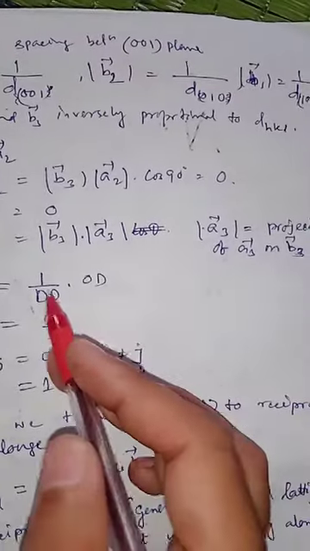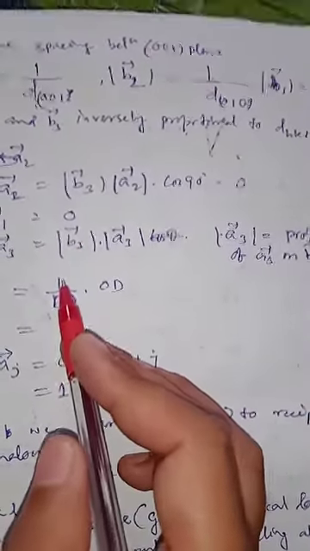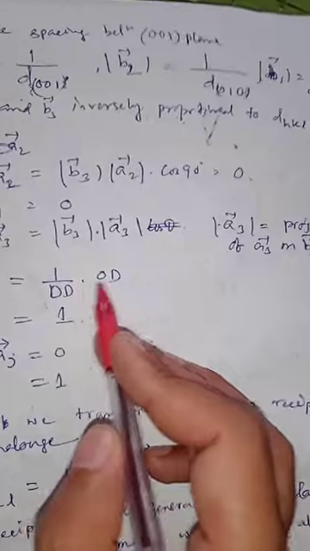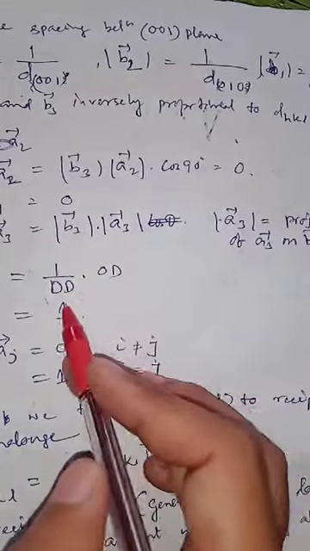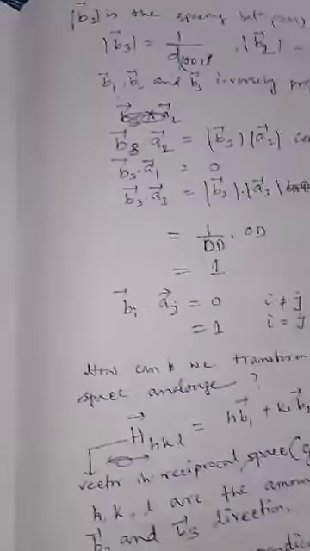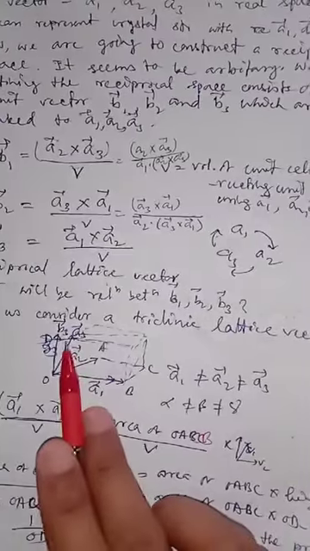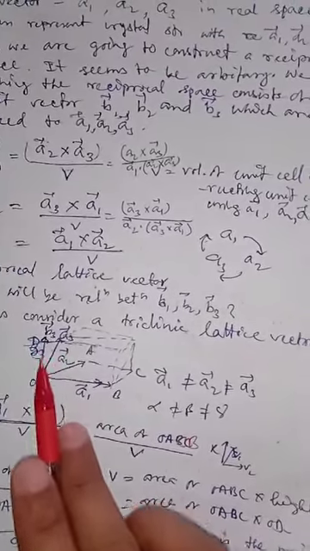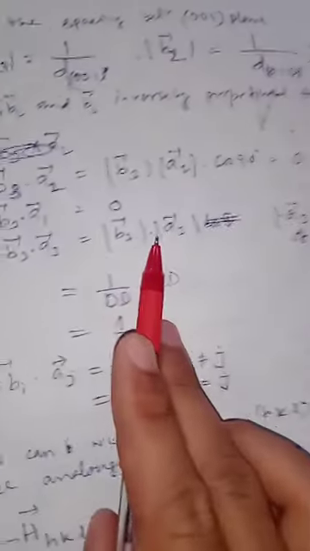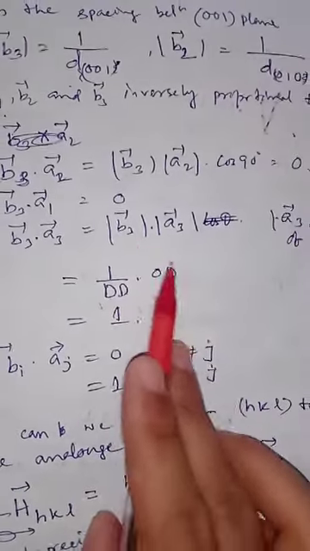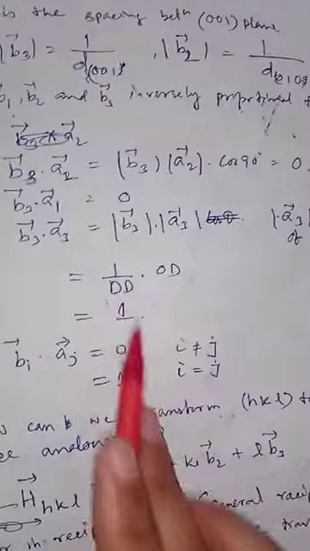So we know B3 is 1 by OD and A3 is OD, because if we want to make the dot product, then we have to project one vector on the other vector. So what will be the projection of A3 on B3? That will be OD. So A3 is OD and the B3 value is 1 by OD.